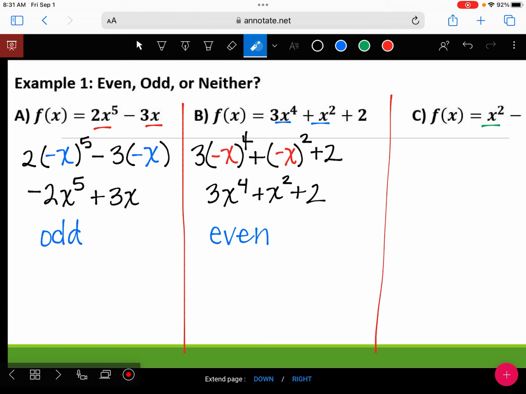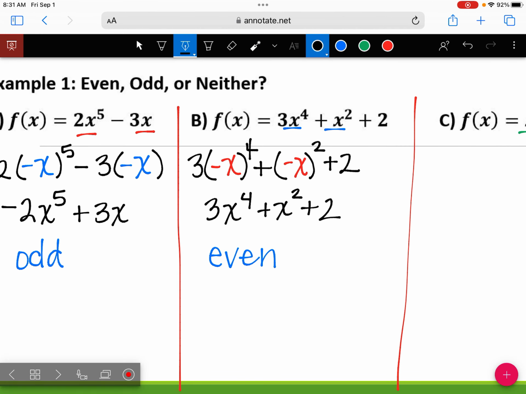So what I'm looking at to see is after I put in the -x and I simplify it, is this function the same as the function that we started out with? No, the other exponent was 5, and then we look at that. So if you take -1 to an odd power, it's going to be negative.